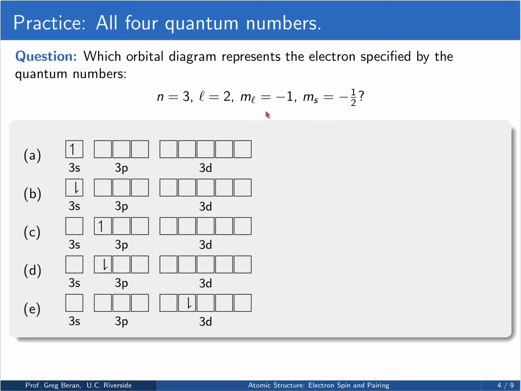For this example, it doesn't really matter which of the particular ones it is. It's one of the d orbitals. And m sub s is equal to minus a half, so it's going to be a spin down electron. So we're looking for the example here where the electron is in a 3d orbital with a spin down. And we see that right here. So the answer here is E.